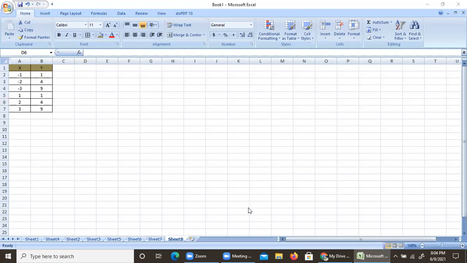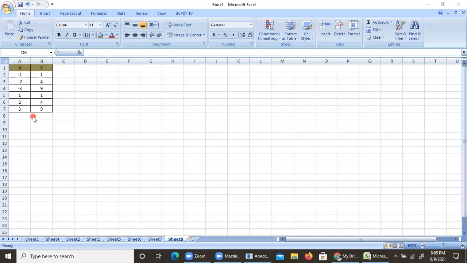Okay, so let's start. The data which I have written over here is known to you. This particular data was actually used earlier when we studied that the correlation coefficient being 0 doesn't necessarily imply that the random variables in the bivariate chart are independent.